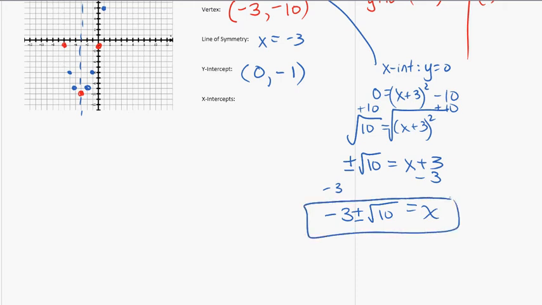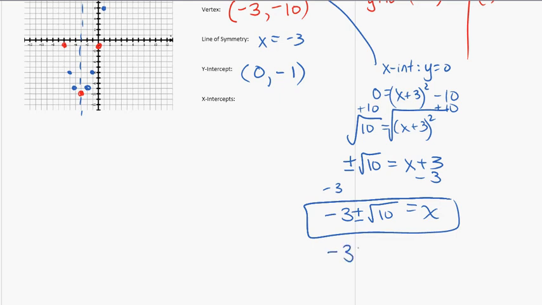Now, you might be wondering, about what is that value, and does it actually make sense? Will it fall between 0 and 1 for that one, and then between, I guess that'd be -6 and -7. So let's compute it. Square root of 10 is a little more than 3, I would guess. 3.16.